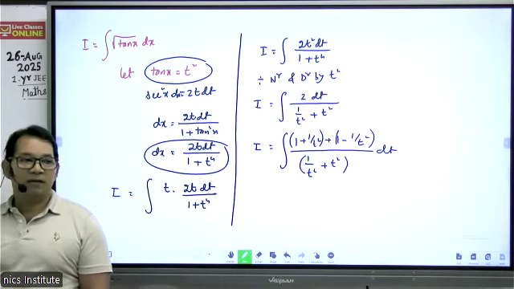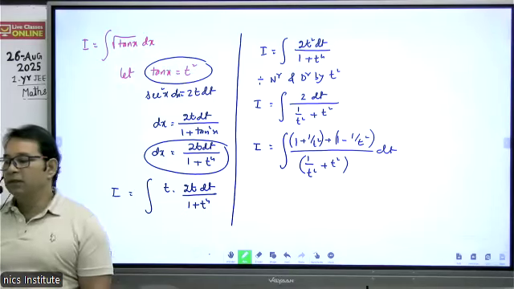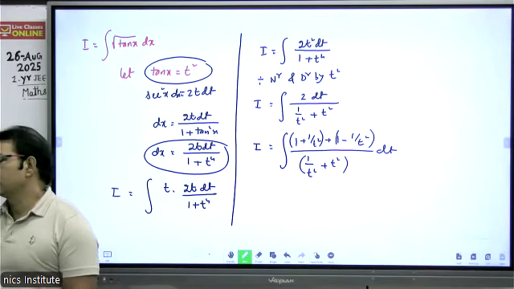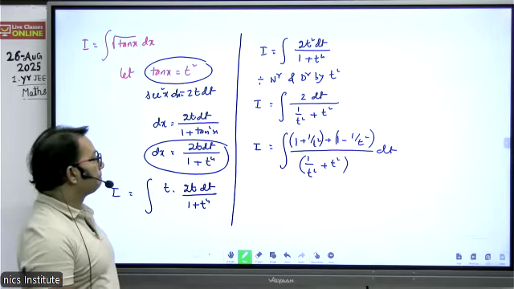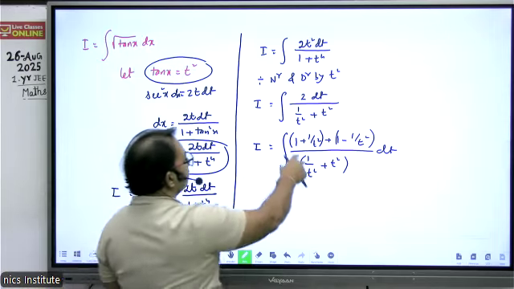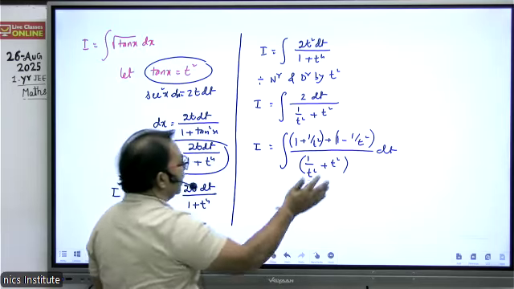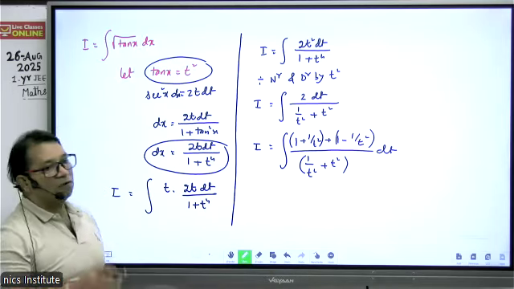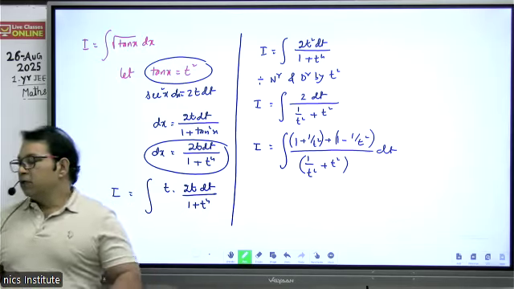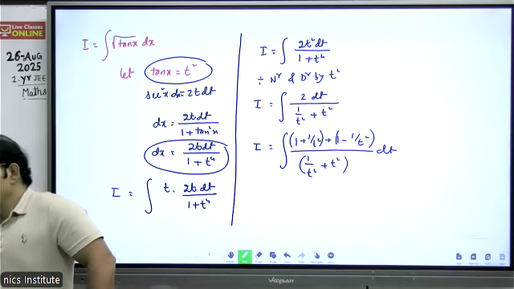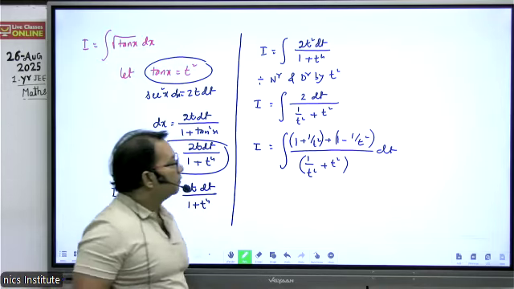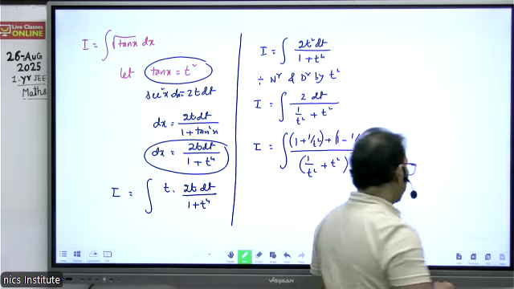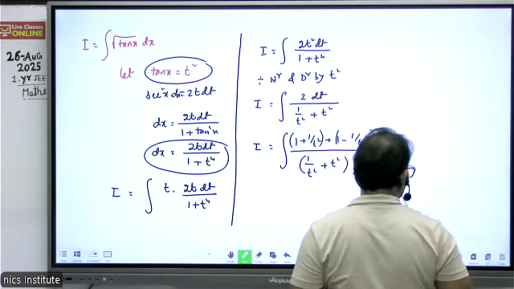I1 and I2 and then solve. This you have already done. So this you take I1, this you take I2 and then make substitution y and z and solve. So this you can try later. You know the process now, right? So this we have already done in the previous one.